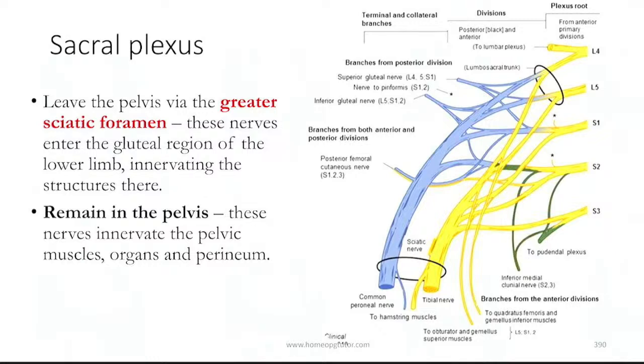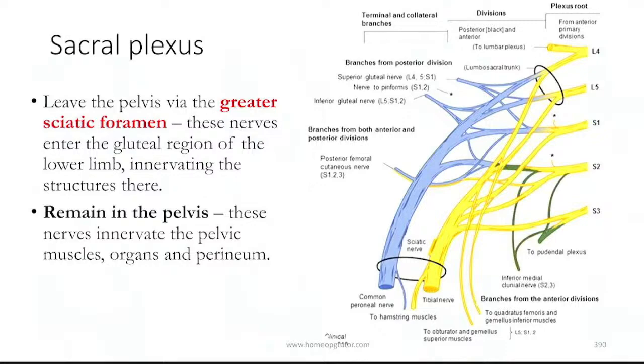And these two, peroneal nerve and tibial nerve, are actually not that separate from each other. That is why together they are called sciatic nerve. Sciatic nerve has two portions, common peroneal portion and the tibial portion. Common peroneal is from the posterior division and the tibial nerve is from the anterior division.